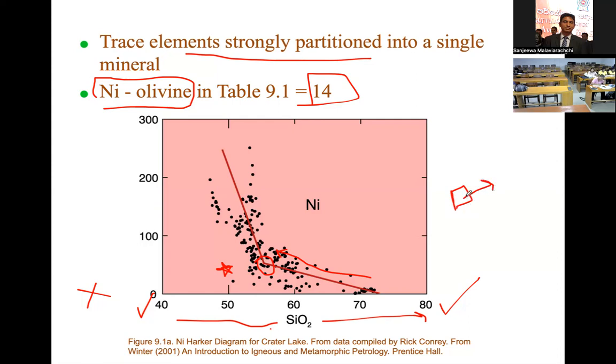Forming melt means you are changing your silica composition also. Initially you have some given composition, say X, and this X composition will be changing to X1, and then gradually X2, like that. You can change either this way or this way, increasing silica or decreasing silica, but in this particular example we take it as decreasing silica, this way.